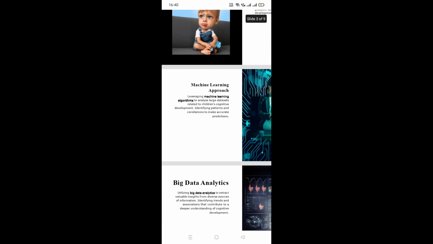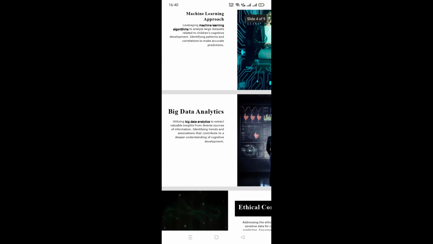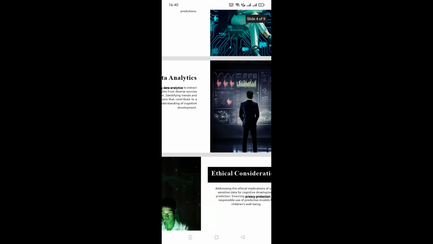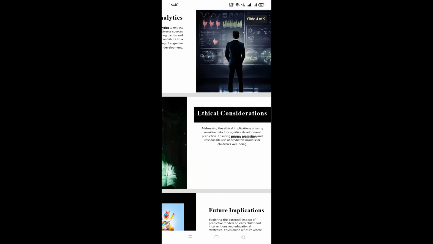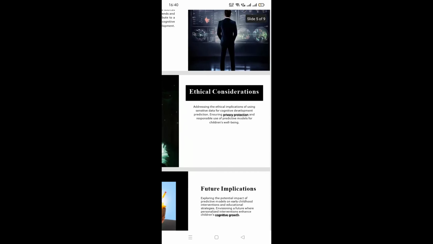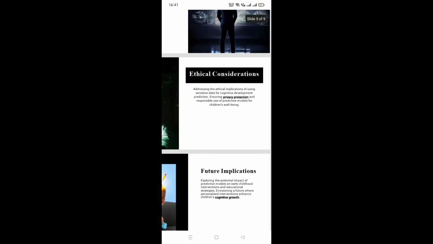Big data analytics for this subject is utilizing big data analytics to extract valuable insights from diverse sources of information, identifying trends and associations that contribute to a deeper understanding of cognitive development. Ethical consideration for that is addressing the ethical implications of using sensitive data for cognitive development prediction, ensuring privacy protection and responsible use of predictive models for children's well-being.